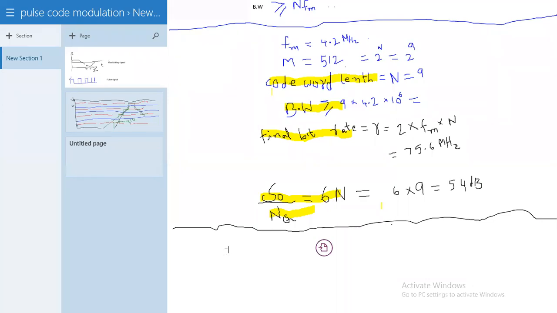Here we can observe that each sample consists of a number of bits. So here we can increase that, so number of bits 9 or 10 like that. If the number of bits per sample is increased, number of bits per second is also increased, and the bandwidth is drastically increased.